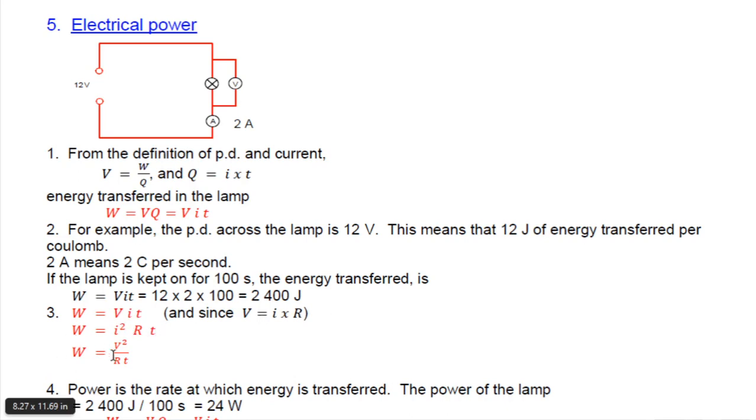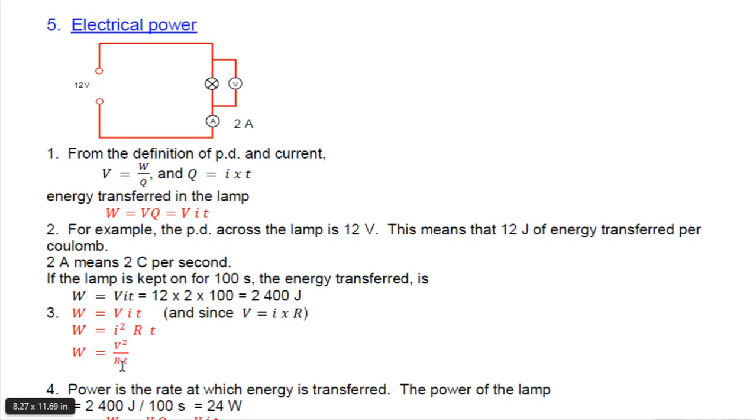Also, making I the subject of V equals IR gives you V over R. So if you put V over R where there's I, it gives you V squared over R times T. This T is not supposed to be on the denominator, it's supposed to be on the numerator.